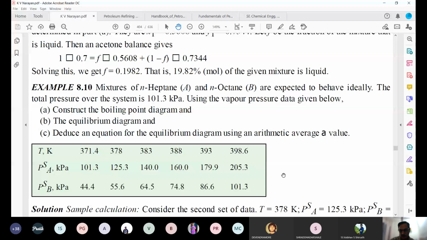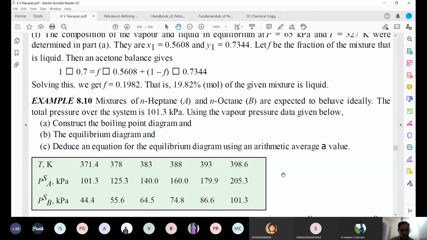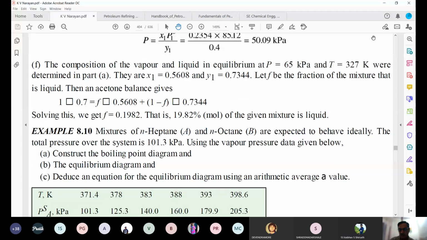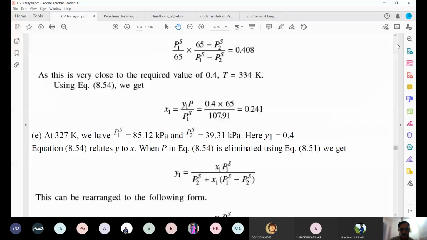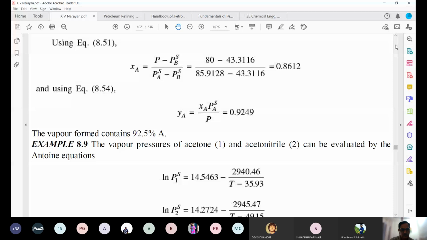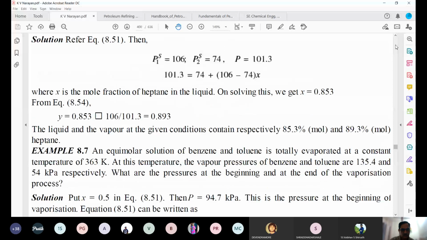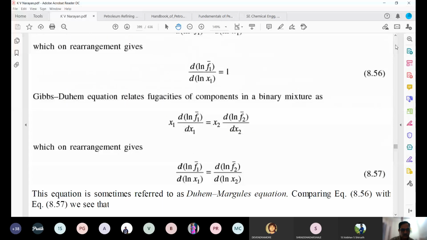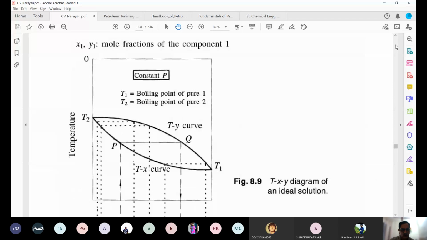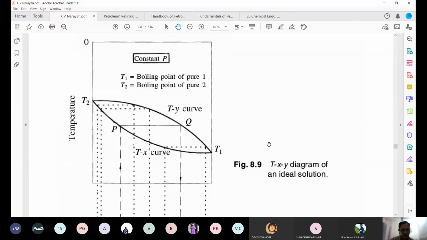TXY में दो टेम्परेचर रहता है, at x equal to 0 and x equal to 1, and those are the two boiling points of the two components. याद है आपको? Yes, sir. Let me show you that TXY diagram. ये TXY diagram है, right?